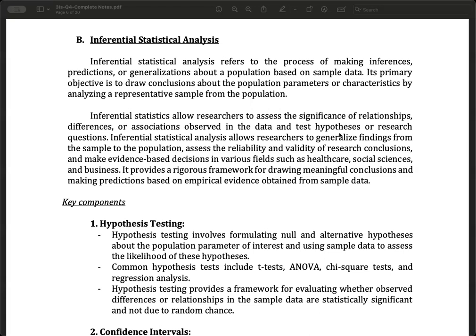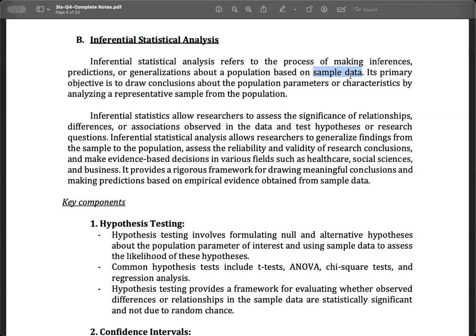So let's begin by understanding the word inferential. When we say inferential, we are trying to make an inference. And inference is similar to predictions or generalizations. But these generalizations or predictions are geared towards the characteristics of your population. And these predictions are based on sample data.